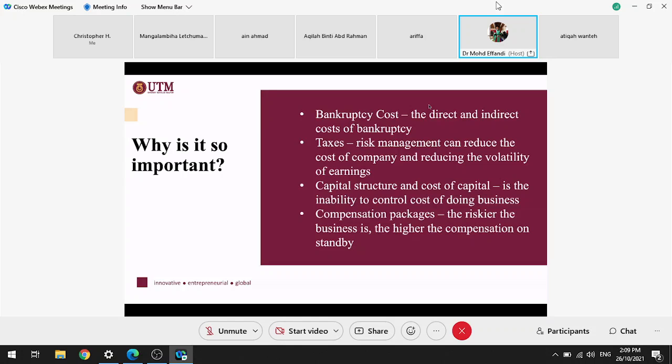Risk management can reduce the cost of the company and reduce the volatility of earnings. By identifying all these things, we can reduce the tax. But if we do not identify any risk associated with the operation of the business, tax can affect the operational and financial structure of the company.